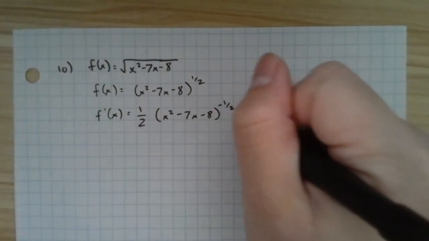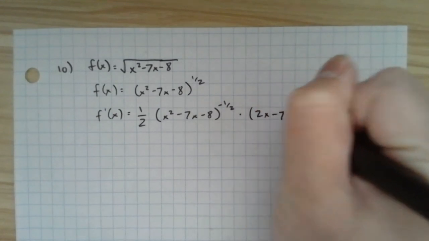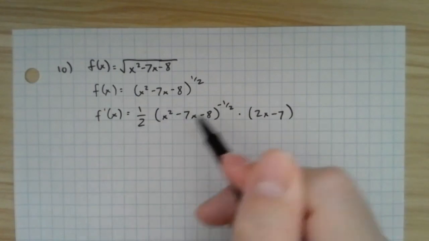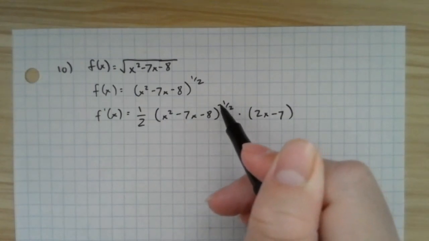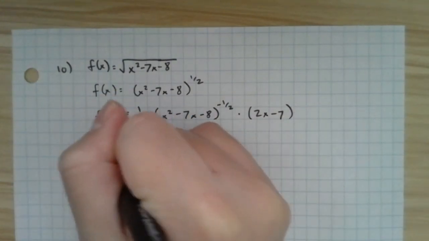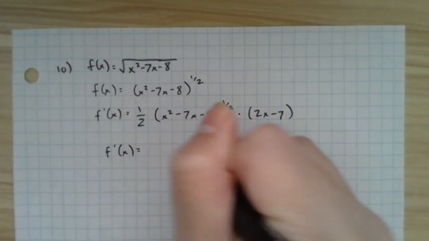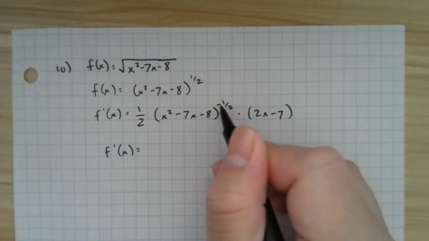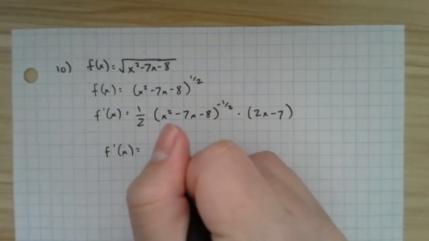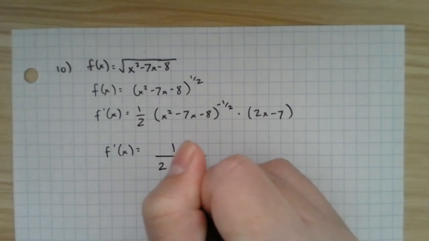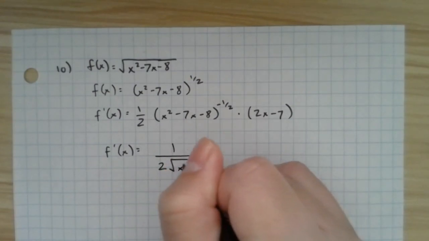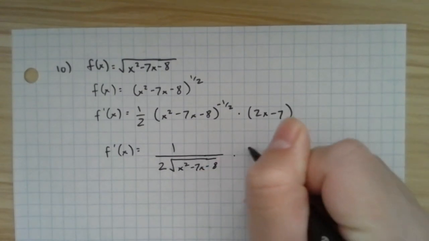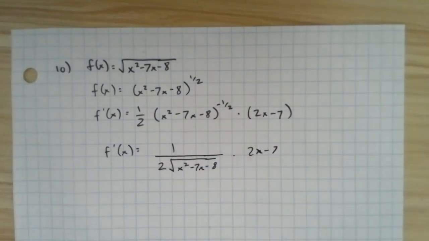The derivative of the inside would be 2x minus 7. It's this to a negative exponent, right? So I'm going to move all that back to the denominator. So then this would be, if I move all this back to the denominator and then convert it back to a radical, that'll be 1 over 2 square root of x squared minus 7x minus 8. And then times 2x minus 7.